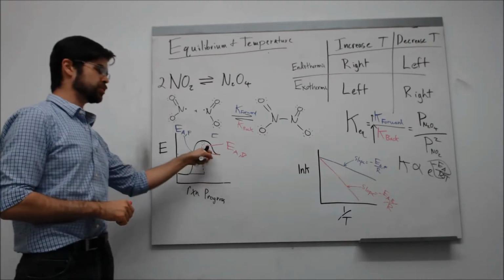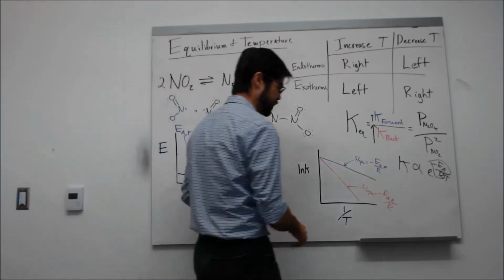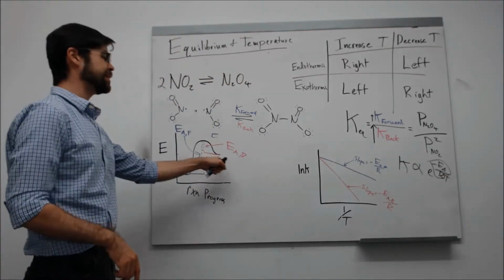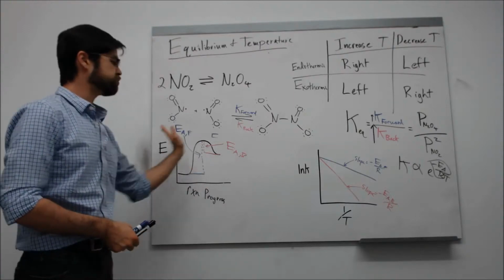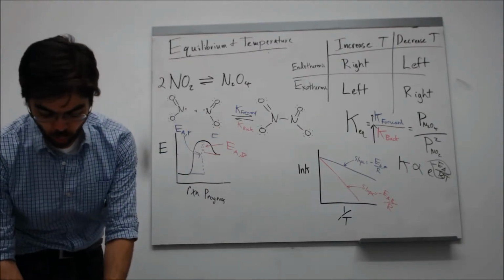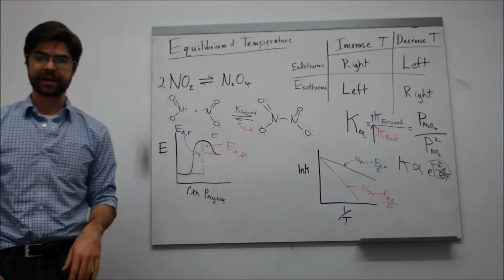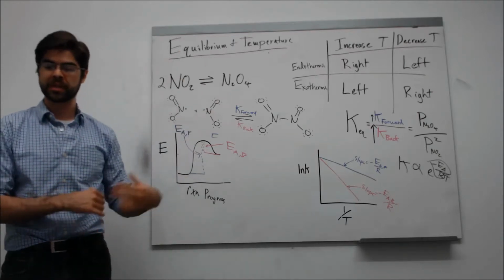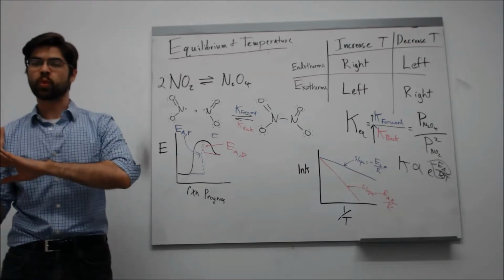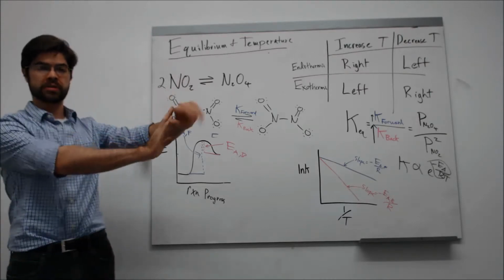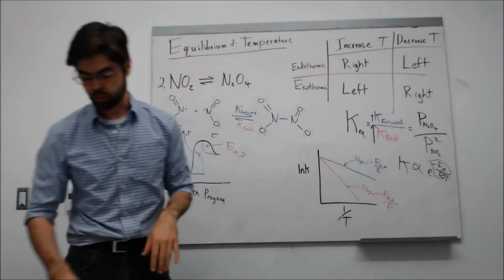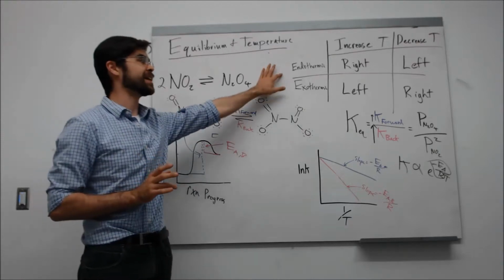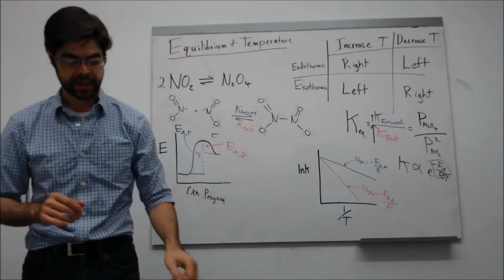Now the backwards activation energy is smaller, and so I would expect these curves to flip places. That means that as I raise the temperature, the forward reaction rate increases more quickly than the backwards reaction rate does. So in an endothermic process, if you increase the temperature, the reaction shifts right. That's the fundamental reason why these guys have different responses to temperature.